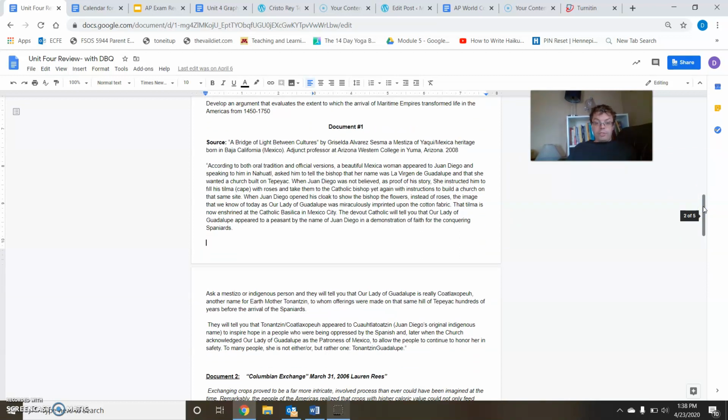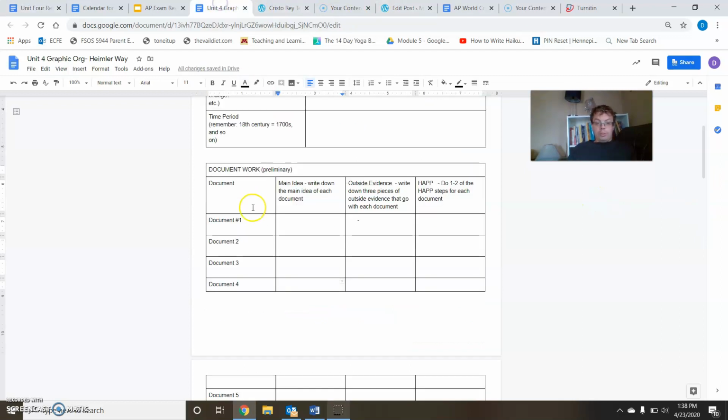So if I look at this first document, you'll read it, and then, just like we did last time, you're going to want to put your main idea here. What is the main idea of the document? In all 5 documents, put the main idea. Write that down. Then you're going to want to write down 3 pieces of outside evidence.